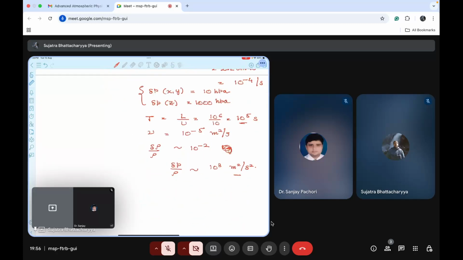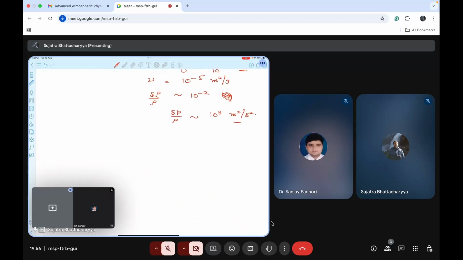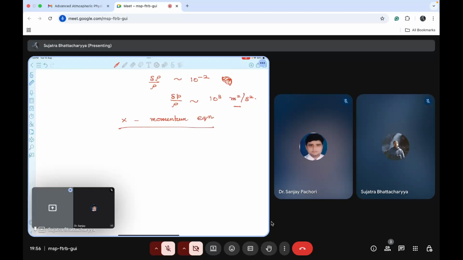Okay. Now, if you want to apply it, let's take the horizontal momentum equation, the x momentum equation. I'm just applying one; you can see many in the upcoming lectures. We will do them one by one.